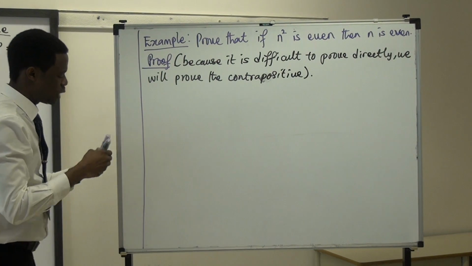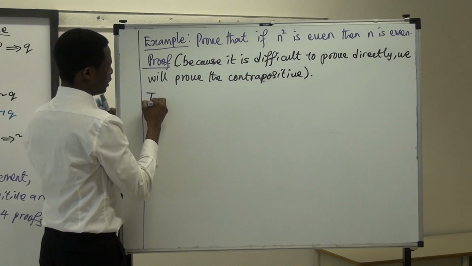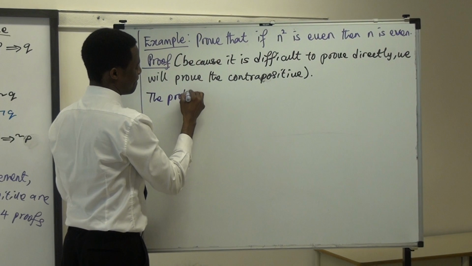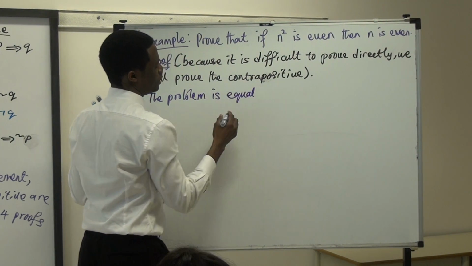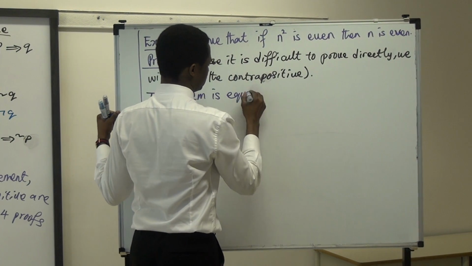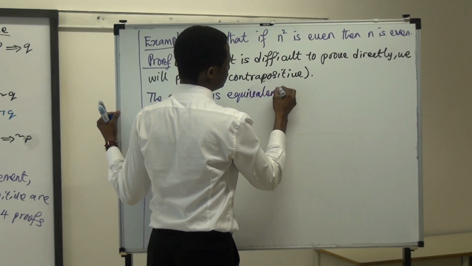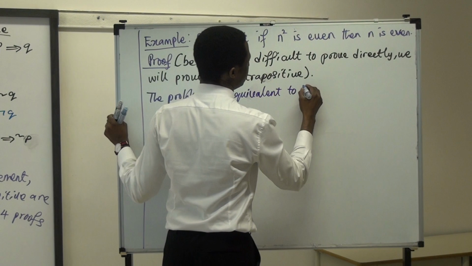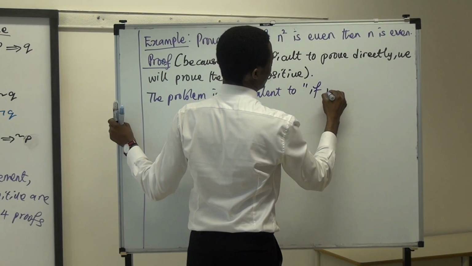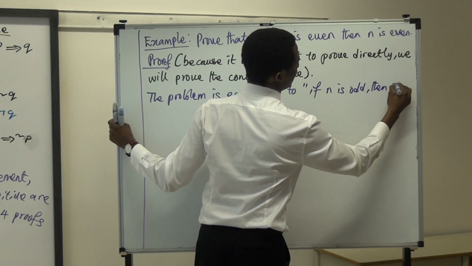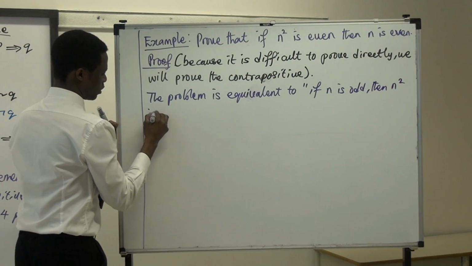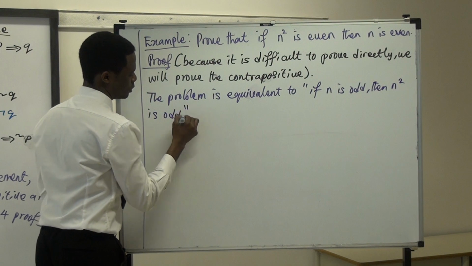Okay? So this is how you will begin. Say, the problem is equivalent to: if n is odd, then n squared is odd. Okay?